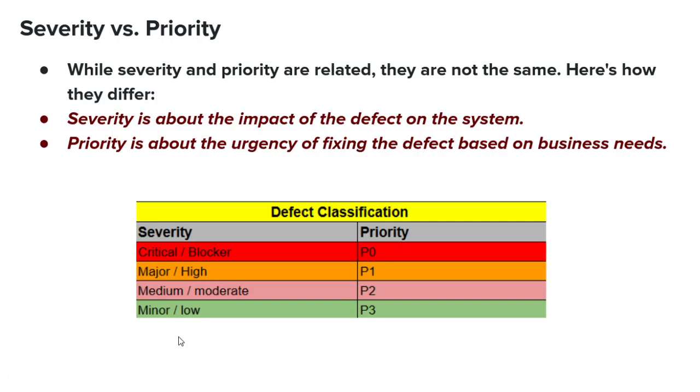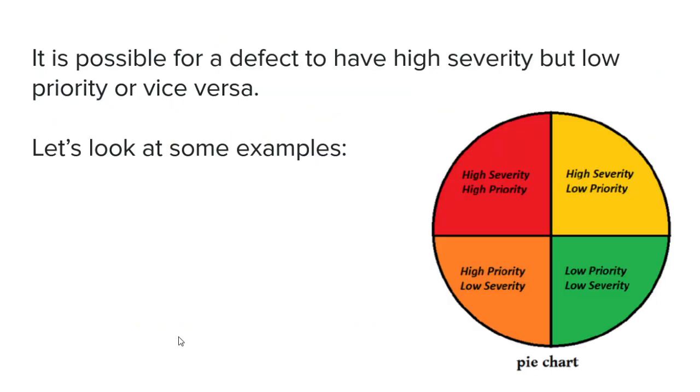Now let's see some more examples. One more important question, which is most frequently asked in interviews, is about different combinations of severity and priority. Whenever we log the issue, we have to provide severity as well as priority.